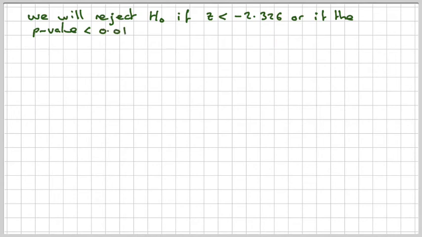Okay, so we will reject H0, and we're testing at 1%, so let's see where this value came from. It's better to use the p-value because you don't have to calculate this value, but we'll just see where that value came from.